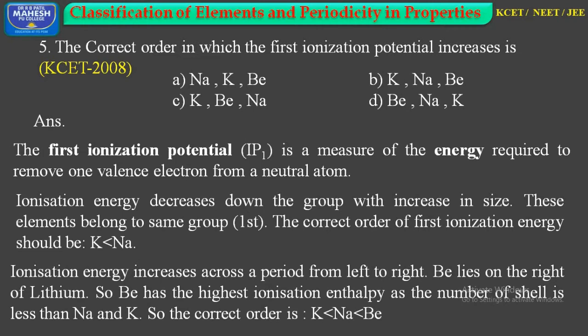Beryllium lies on the right of lithium in the periodic table. So students, beryllium has the highest ionization enthalpy as the number of shells is less than that of sodium and potassium. So with this we can conclude that the correct order of first ionization potential in increasing order is option B: potassium, sodium and the higher value for beryllium.